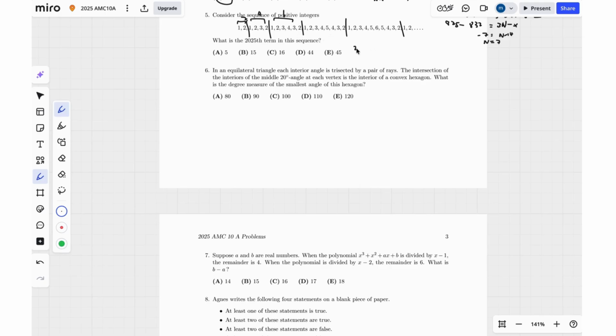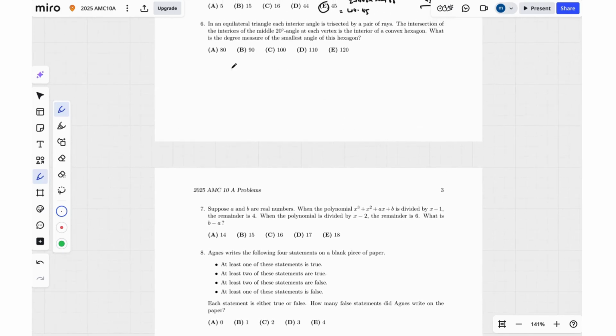So we see that if we have 2 plus 4 plus 6 plus all the way to 88, this is equal to 44 times 45. So that means that after this, to get to 2025 terms, we need another 45 terms, and that will not complete a full cycle because the previous one was 88 long. And since it starts on 1, the answer is just 45, so it's E.